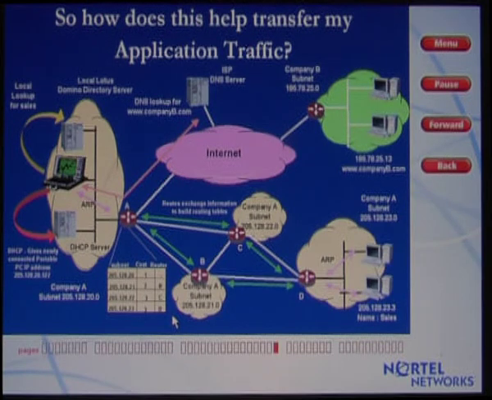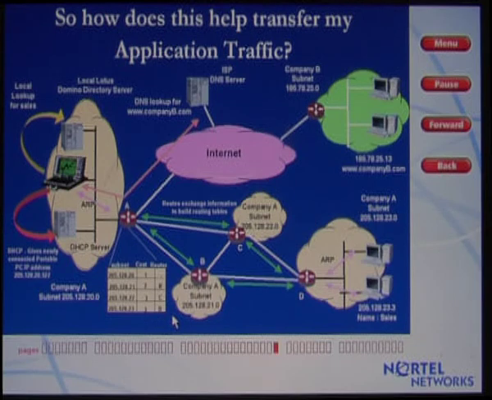Now the user wishes to browse the website of Company B. He makes a request for the IP address of www.companyb.com of the Domino server. The server knows that this is not on the corporate network. After ensuring that the user has security access to the Internet, the Domino directory server requests the IP address of www.companyb.com of the DNS server of Company A's ISP.